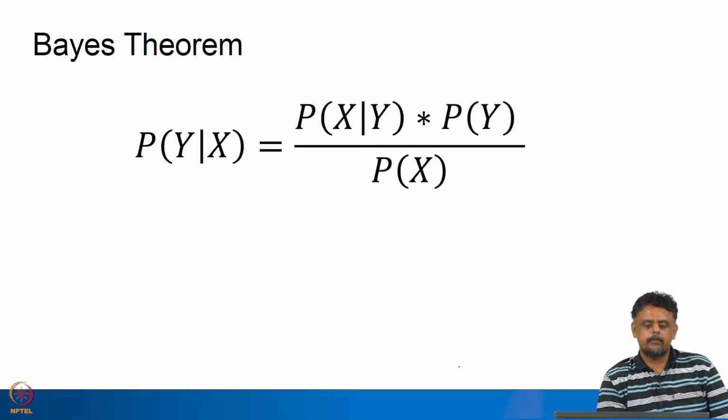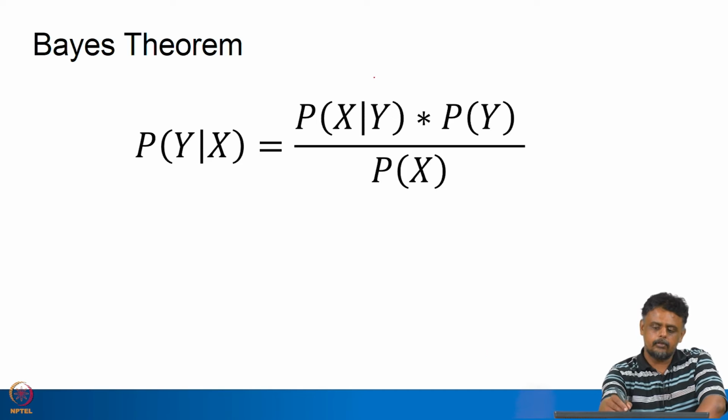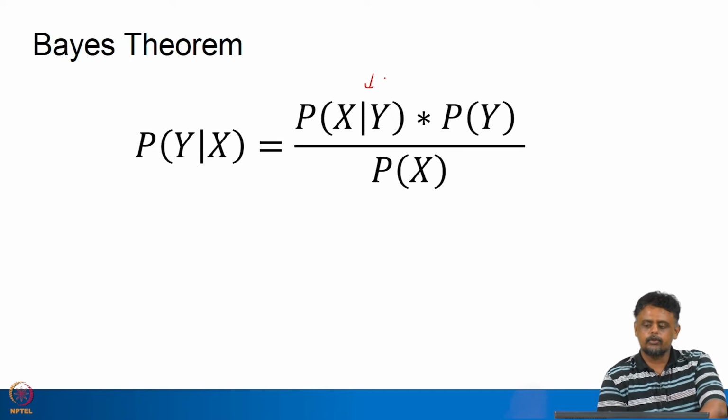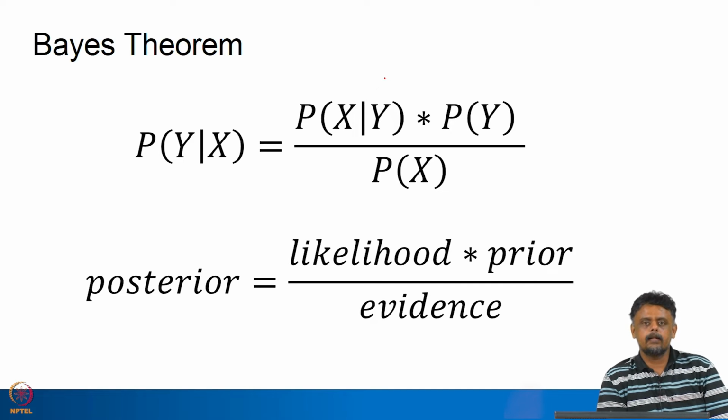This relationship that we have seen so far is Bayes theorem, which you should have been introduced to, where the conditional probability p of y given x is written in terms of p of x given y and the individual probabilities p of y and p of x. This can be interpreted in the context of supervised learning.